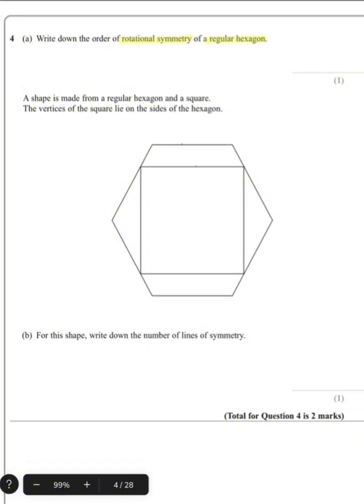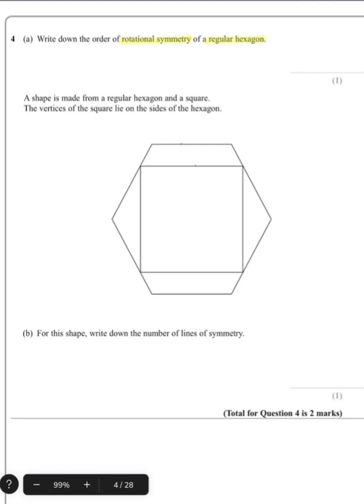So, look. If I rotate the shape of the regular hexagon, this is the hexagon by the way, how many times will it look exactly the same before I get back to where I started? The regular hexagon has equal sides, 1, 2, 3, 4, 5, 6.